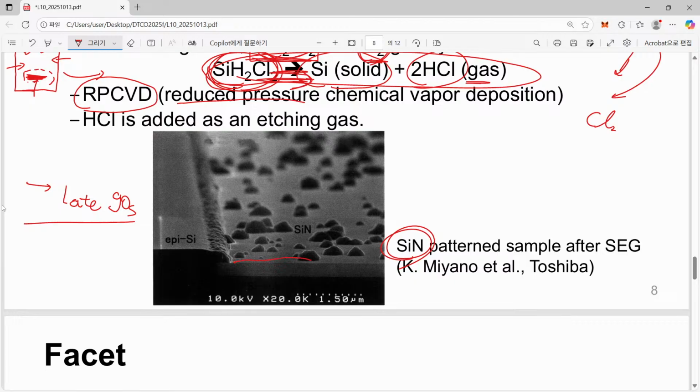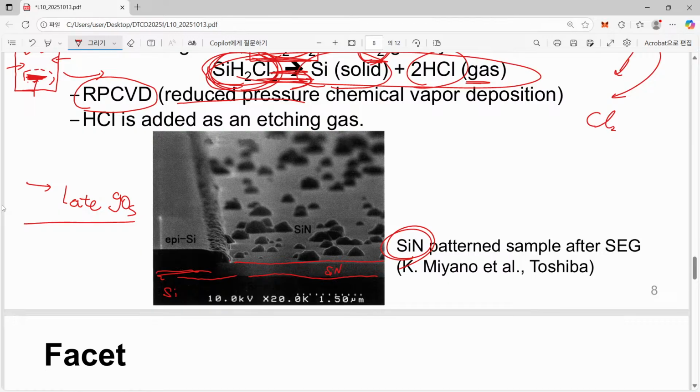Here, let me just draw it. Here we have a certain layer. This layer corresponds to silicon nitride. And originally we had a silicon layer beneath it.